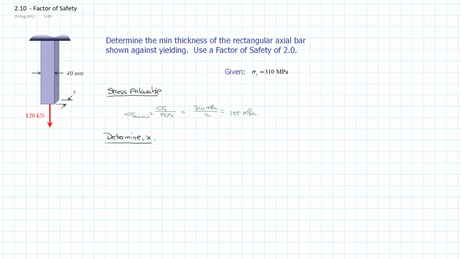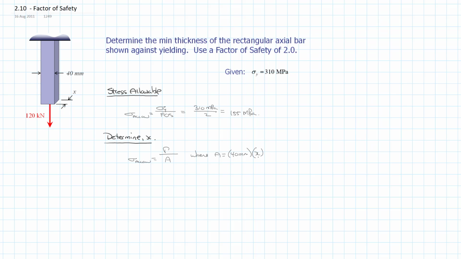So in this case, we know that our stress allowable has to be set equal to the load that we're applying, 120 kilonewtons, divided by the area. Now, the area itself we know to be equal to 40 millimeters multiplied by x.